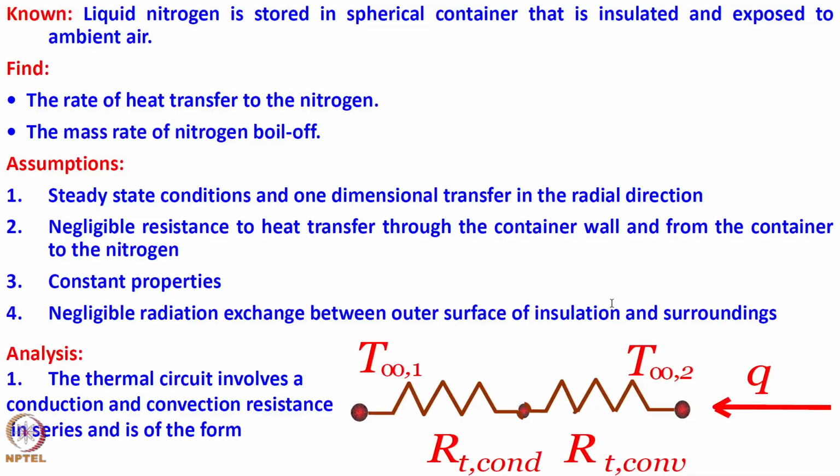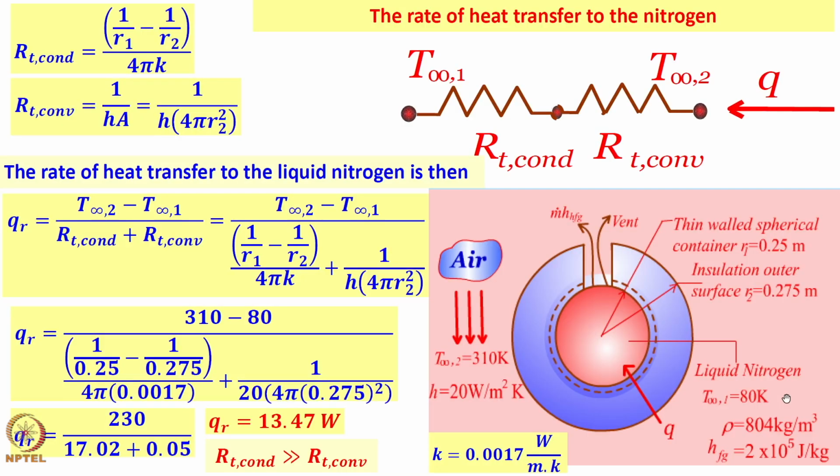So, here only two resistances, constant properties, negligible radiation exchange between the outer surface of the insulation and the surroundings. We have two resistances, one conduction through the insulation, other convection to the outside. Heat is flowing from T infinity 2 to T infinity 1, and we just need to calculate R T convection outside, 1 by 4 pi R outside squared times 1 minus R inside of the insulation minus 1 minus R outside of the insulation.